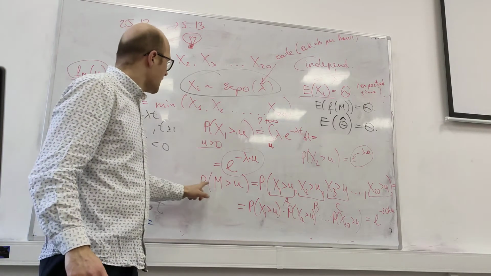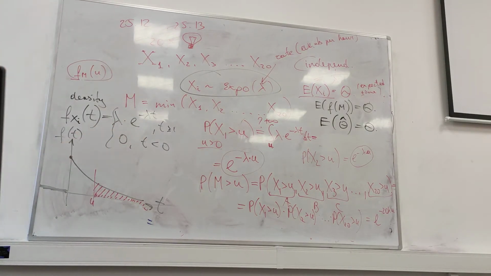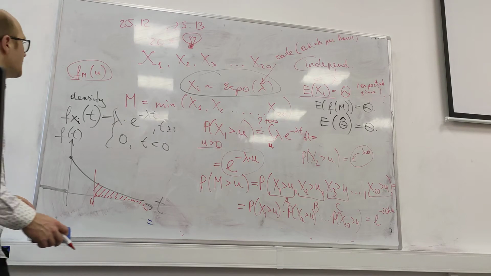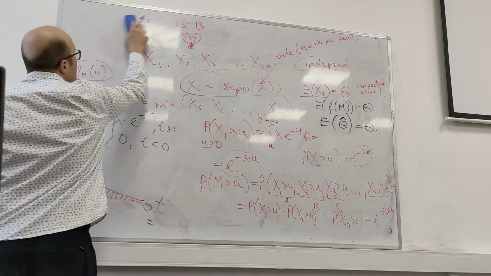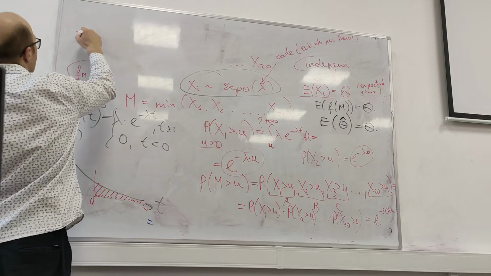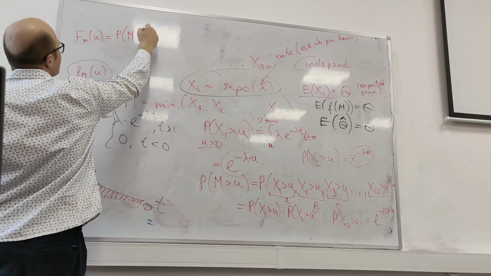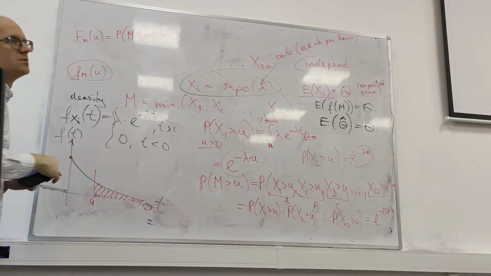From this function, I may easily go to the cumulative distribution function. I can easily find big F of m at u, that is the probability that m is less or equal to u.